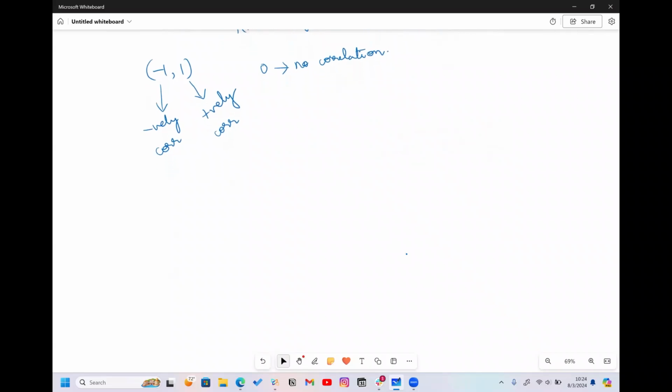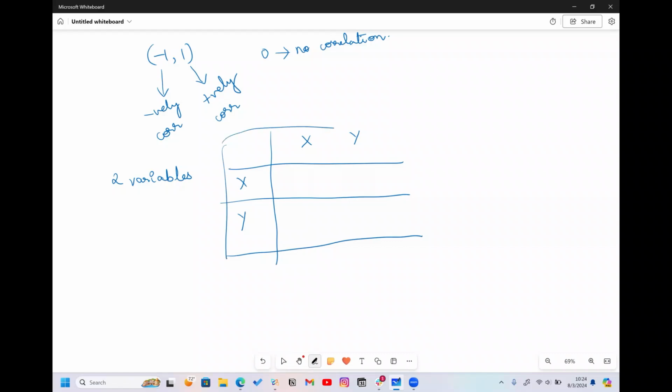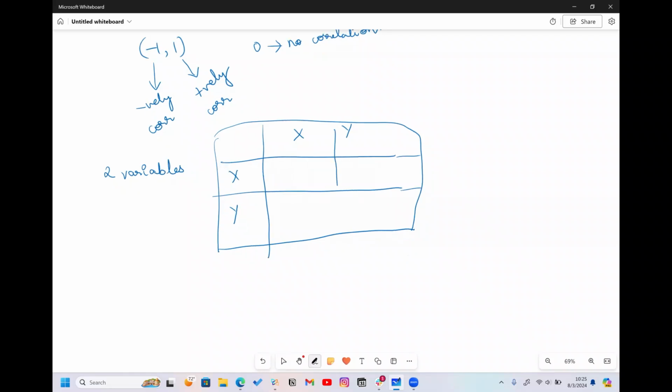And then we have something called the covariance matrix. When you have two variables, how does the covariance matrix look like? So you have x, y. I am considering random variables over here, but in the book, they consider functions or probability distributions. It applies similarly. It's just a change of variables.